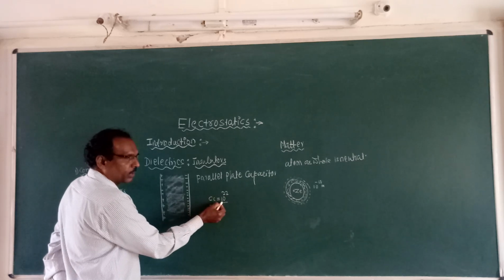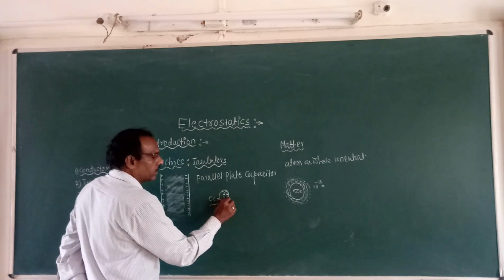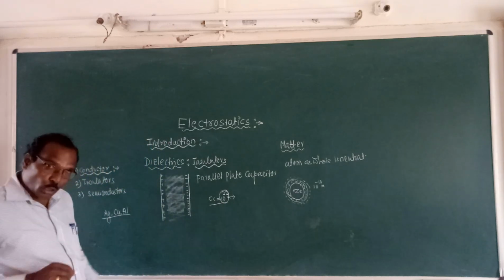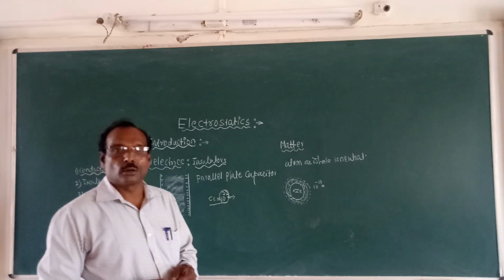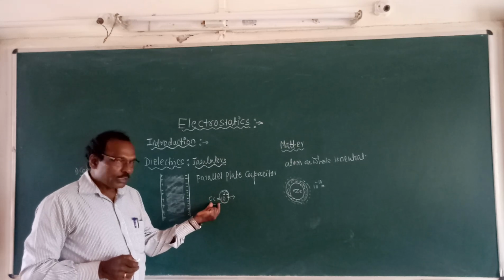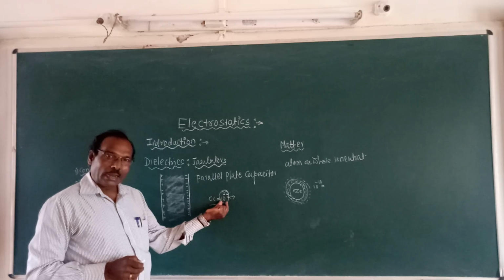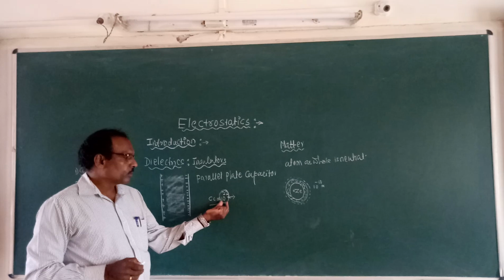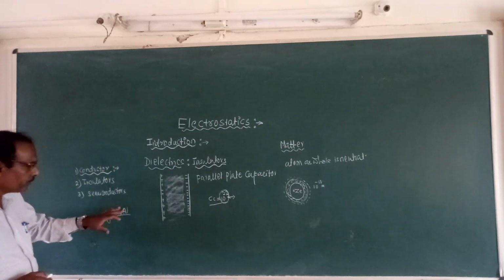When we have this number of atoms, the number of free electrons will be almost the same. On an average, we are saying one atom will have one free electron. We are saying this in general. So per cubic centimeter, the atoms are in the order of 10 raised to 22, and the free electrons will be of the same order.